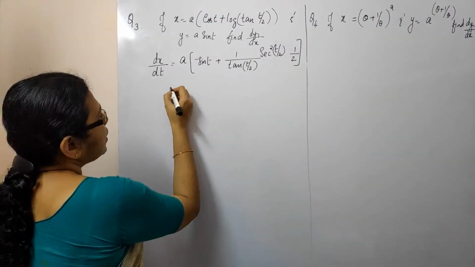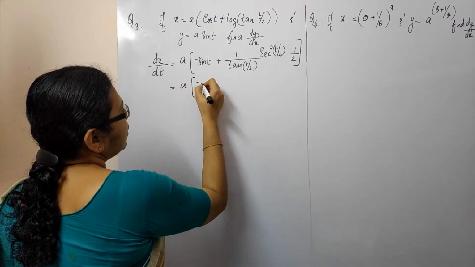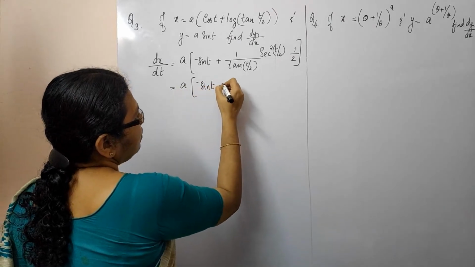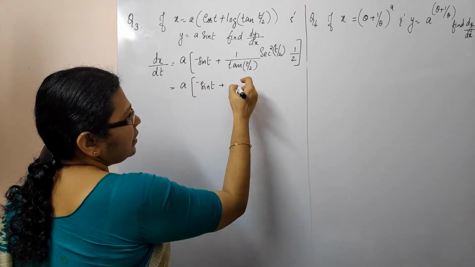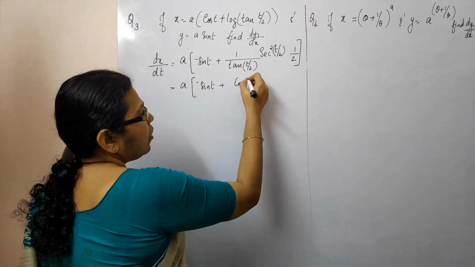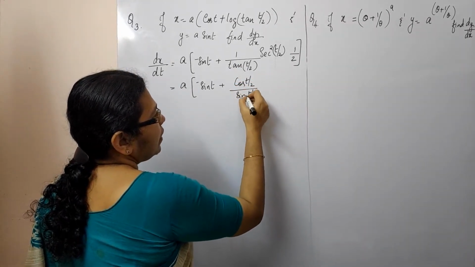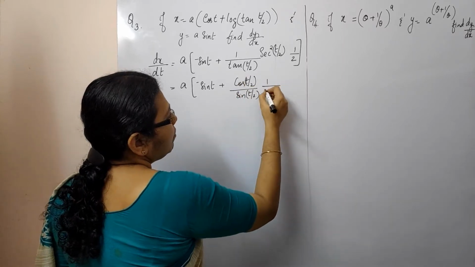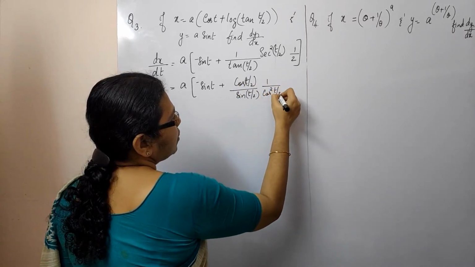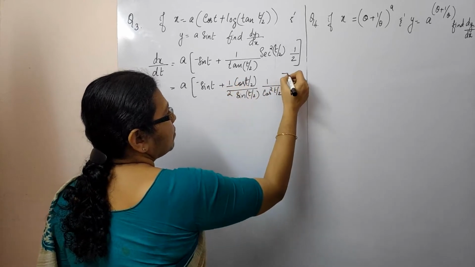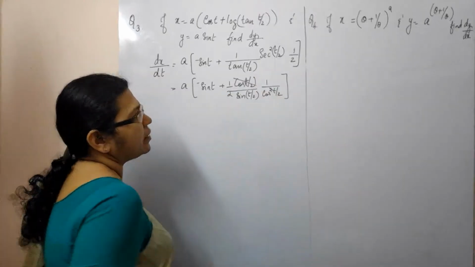Now here I'll just go for a simplification. a into minus of sin t plus 1 by tan t by 2. I can write it as cos t by 2 by sin t by 2. Am I clear? Times 1 by cos square t by 2, and there is a 1 by 2 here. Now one of the cos cancels.